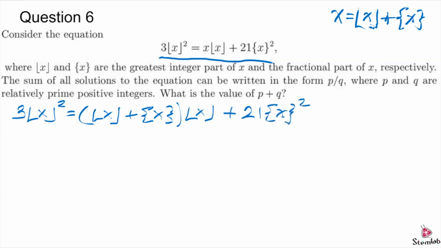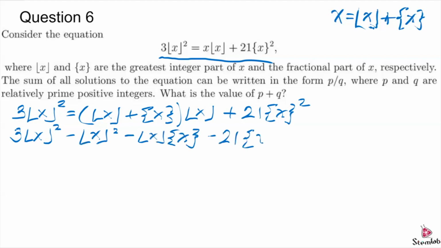Transposing everything to the left side, we will see that this actually looks very similar to a quadratic, with the variables being the floor function of x and the fractional value of x. Squared minus the floor times the fractional value of x minus 21 times the square of the fractional value of x.